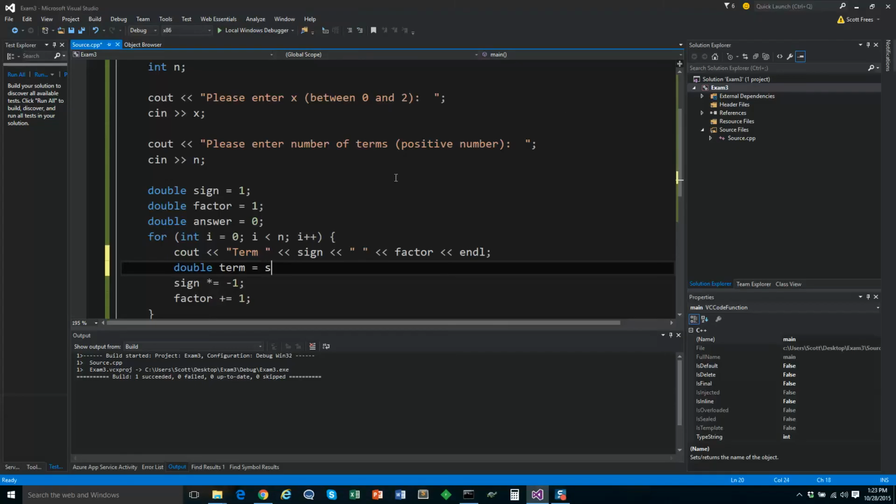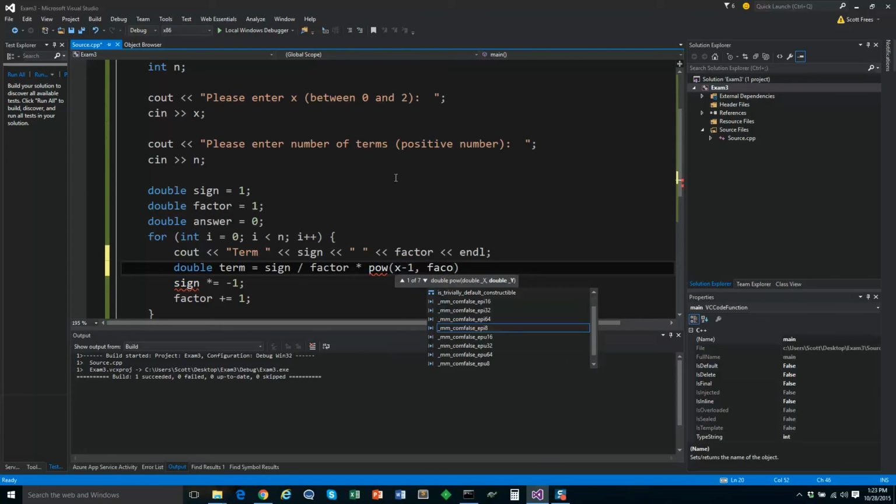So it's the sign times, or divided by, the factor times power. And as soon as I use that power, I got to think in my head CMath. I need that. x minus 1 raised to the factor power.